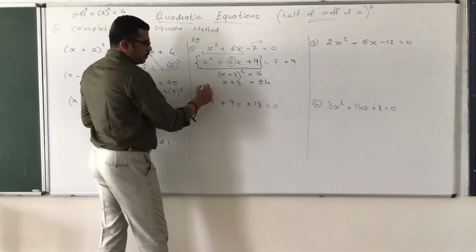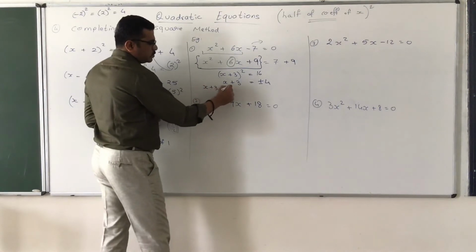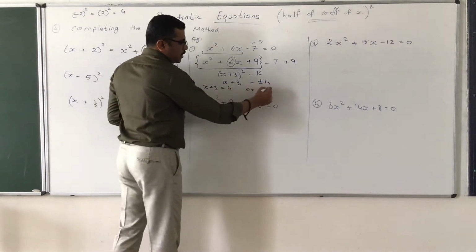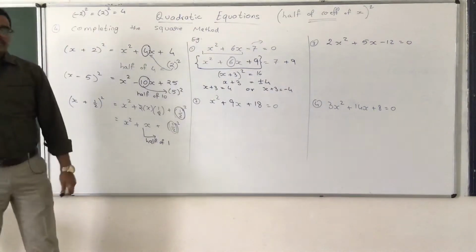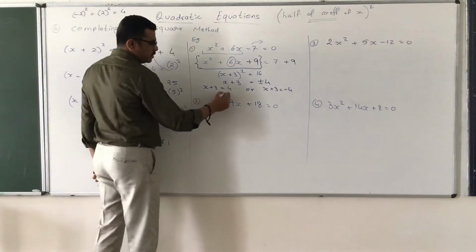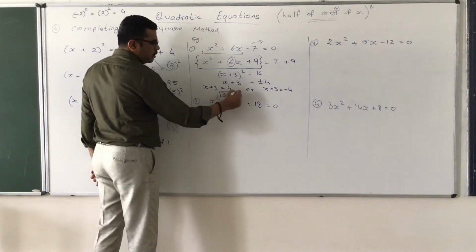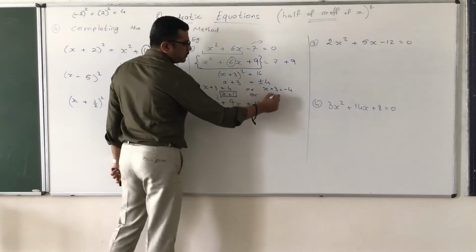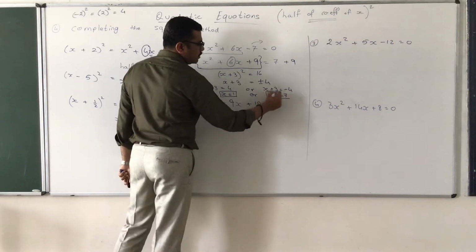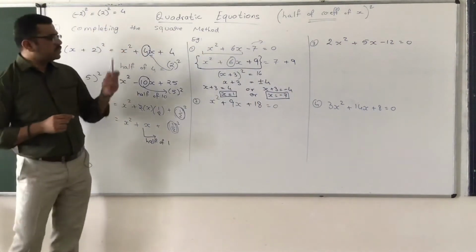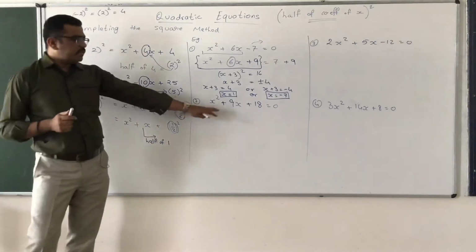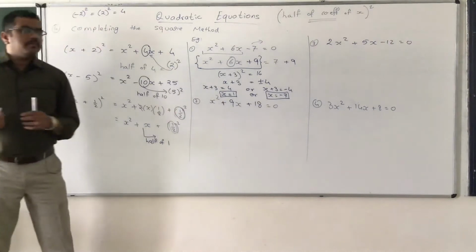So now we have x plus 3 equals 4 or x plus 3 equals negative 4. So this gives us our two results, x equals 1 or x equals negative 7. We'll see one more example for this method, x squared plus 9x plus 18.